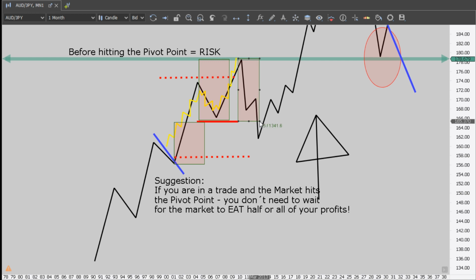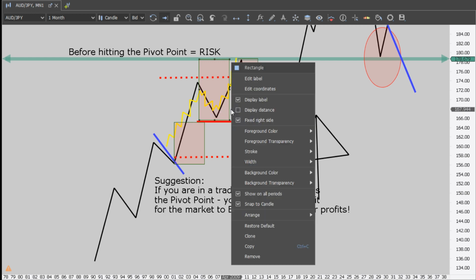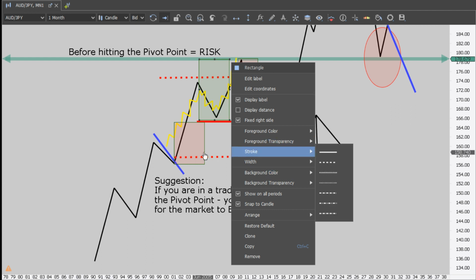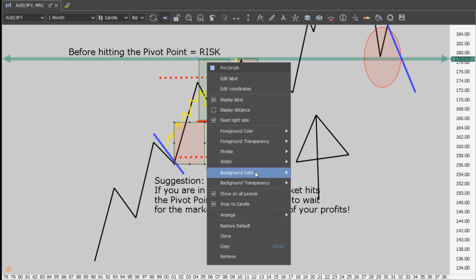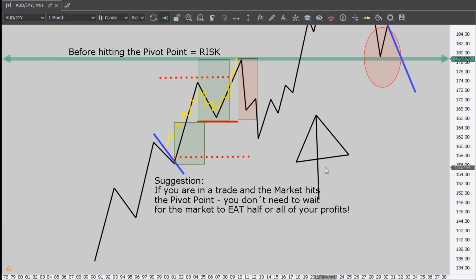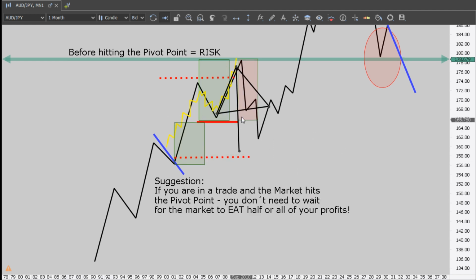So this is green, this is green, and this is green. This is our profit, green, green again. And up here, when the market starts to reverse, it is going to eat half of your profit. So if you're in a trade and the market hits the pivot point, of course you can, because it's a suggestion, but you don't need to wait for the market to eat all or half of your profits.